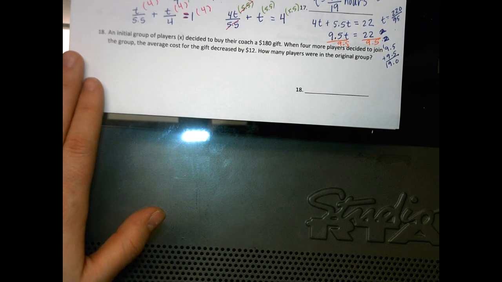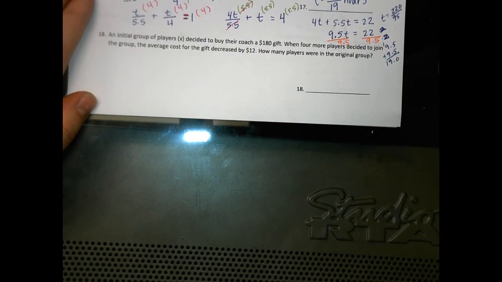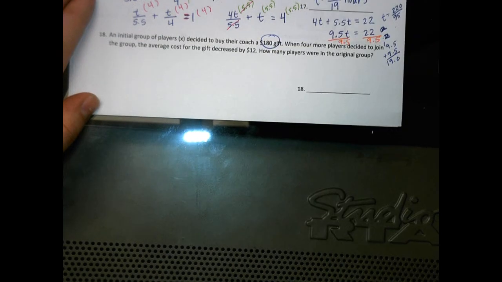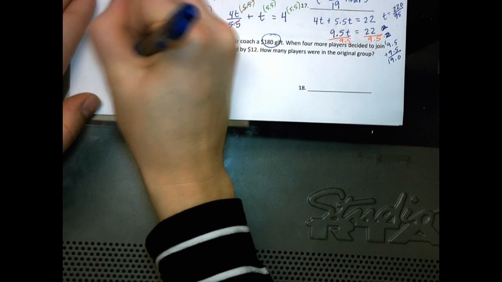Okay, all right. Number 18. An initial group of players, X, decided to buy their coach a $180 gift. So I have $180 being split between X amount of people initially.